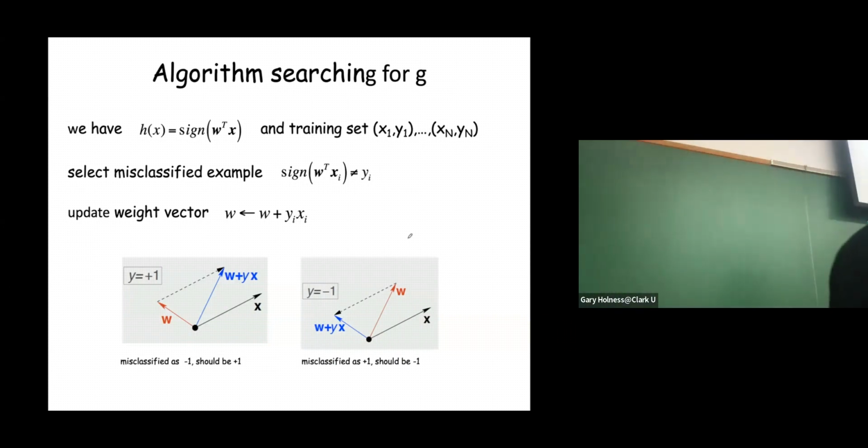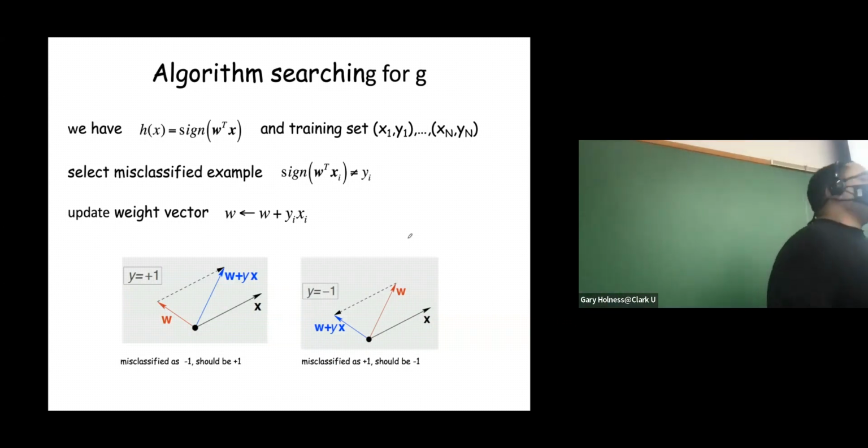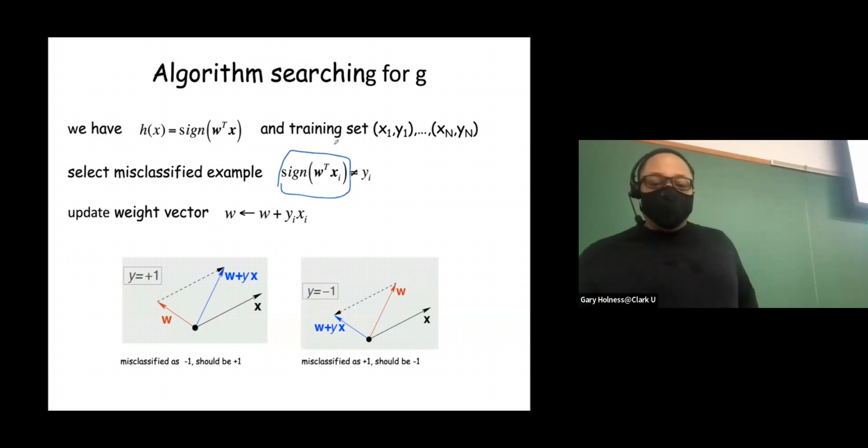Likewise, we take our in-sample points and the ground truth labels of our in-sample points, our xi, yi pairs, and then we run our first working hypothesis over all of our in-sample data. So this is the sign of W transpose X, and it's going to output some Y value, yi hat. I use hat because it's trying to estimate or guess what the label should be for that particular vector.